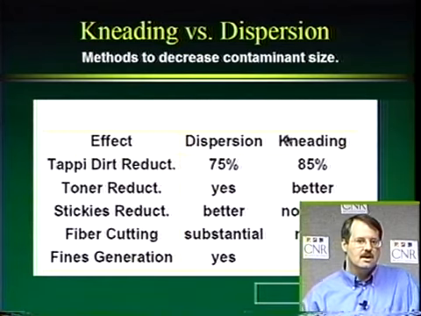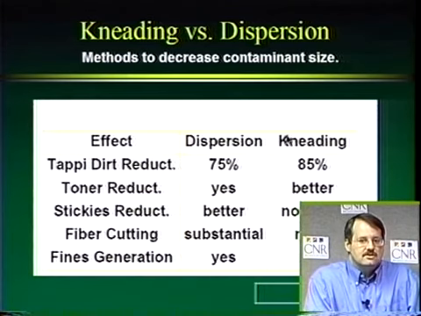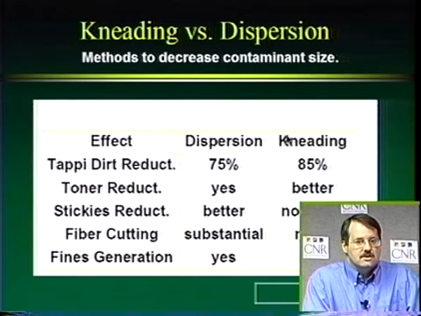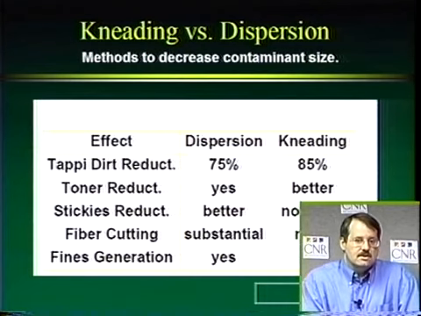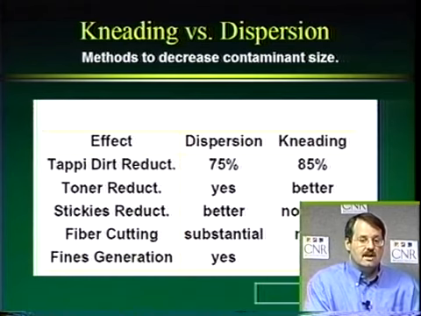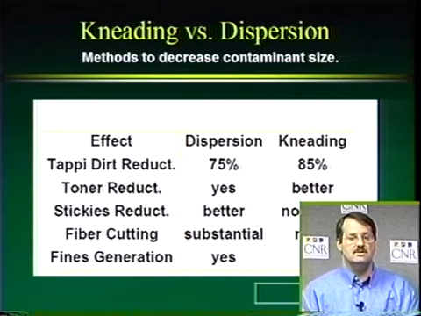So just to review, we've talked about two different methods that we can use to break down contaminants to subvisible size. The other thing we can do with these methods of applying mechanical action is, in many cases, detach contaminants from the fiber and make them smaller, so that both detachment from the fiber and small size allow washing or flotation to be more effective.